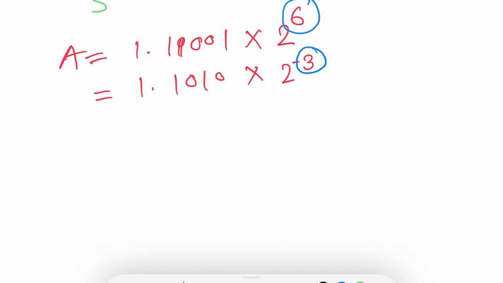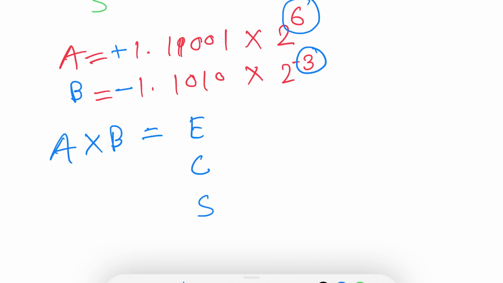So the result A times B will have an exponent, a coefficient, and a sign. Let's say this is positive and this is negative. The exponent will be the sum of these exponents, so 6 plus minus 3 equals 3.